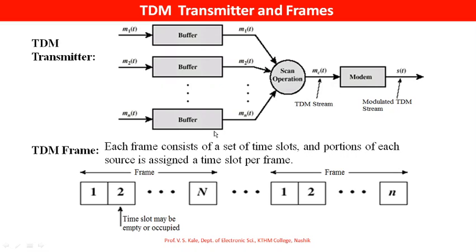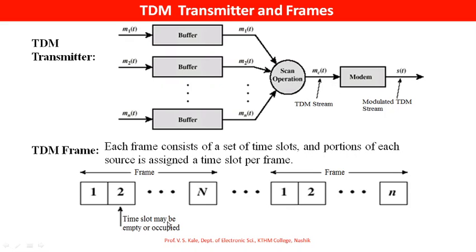Now see the meaning of a TDM frame. Each frame consists of a set of time slots. So these are the separate time slots, and a portion of each source is assigned a time slot per frame. So this is the first frame, 1 up to n, and this is again the second frame, again 1 to n.